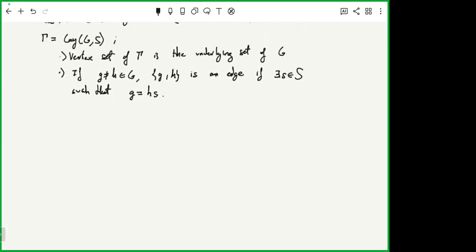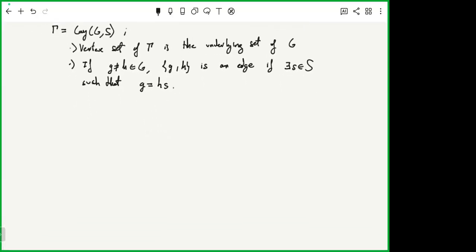So that's why we will use the following metric.